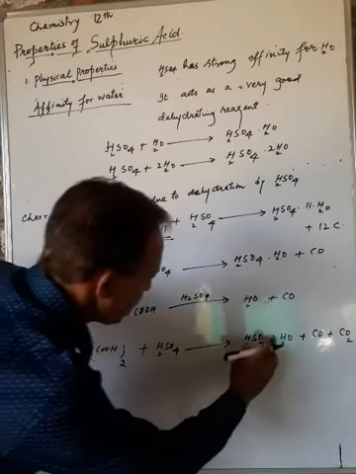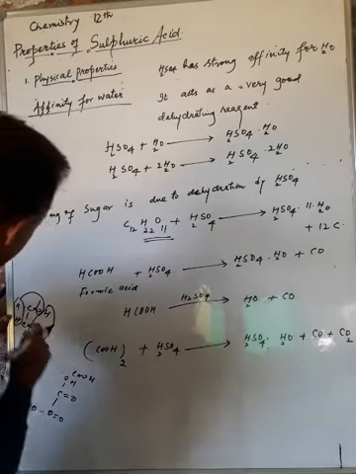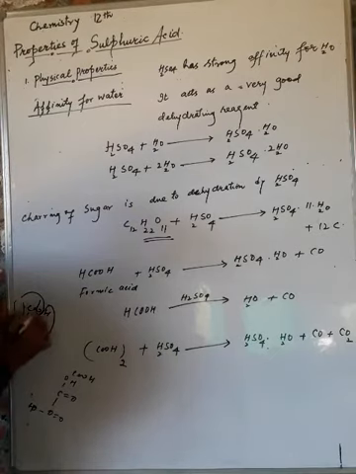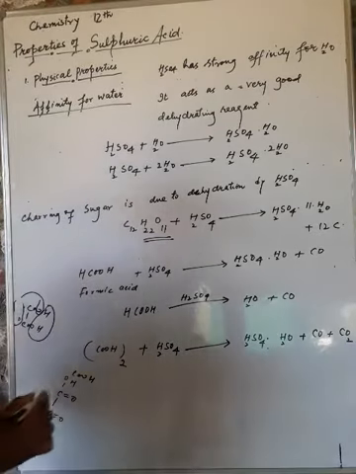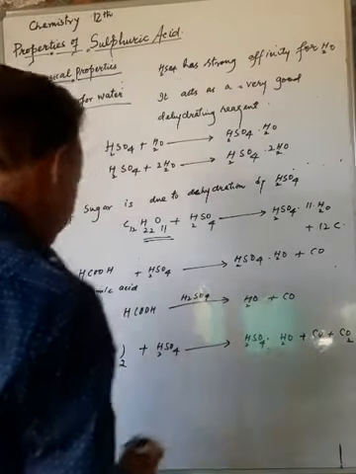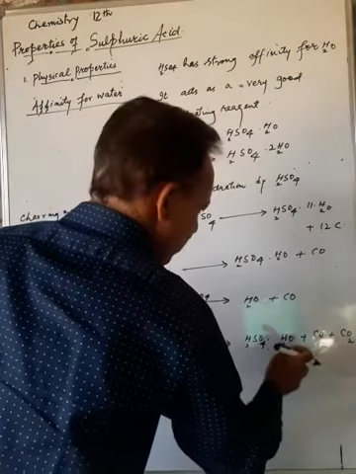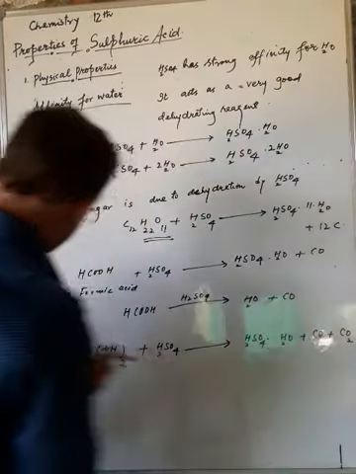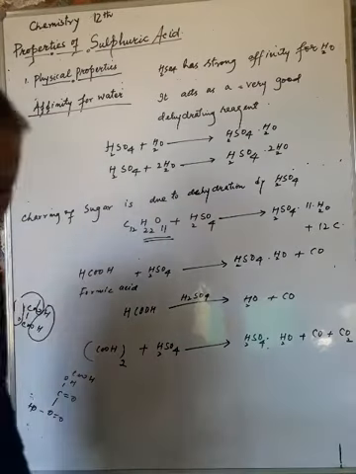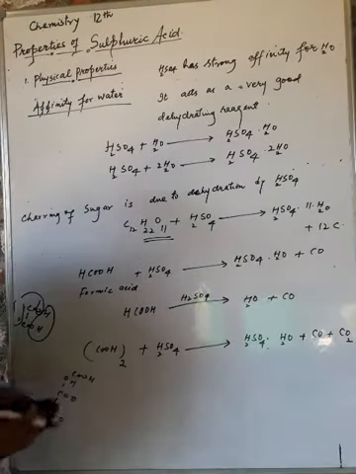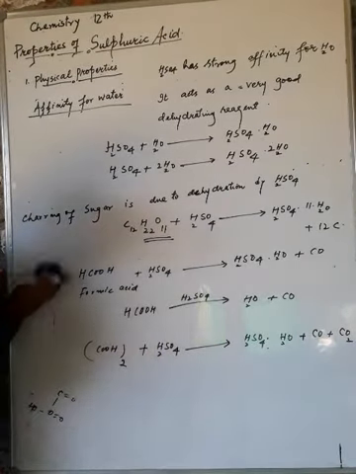This is H2O plus CO plus CO2, because we have 4 times oxygen, 2, 3, 4, carbon 2, hydrogen 2.